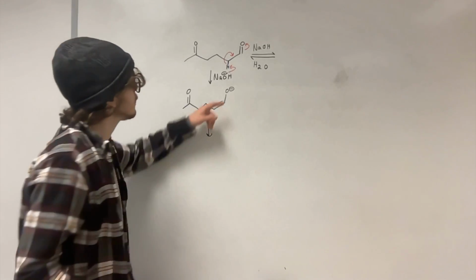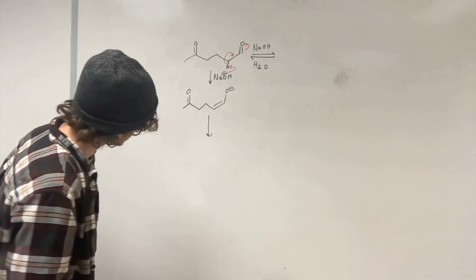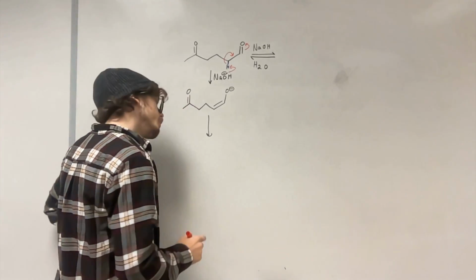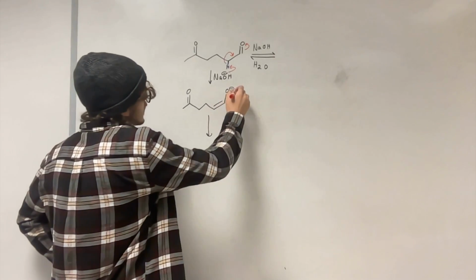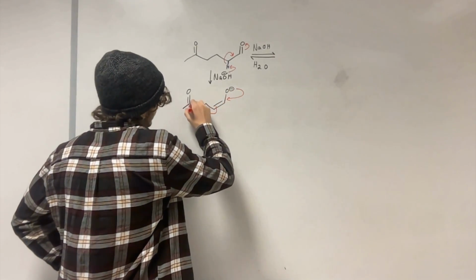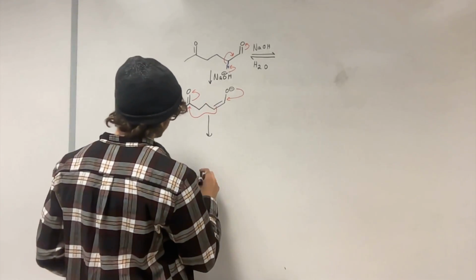Okay, so notice here, we made an enolate, and then we have a ketone. So what happens here is it's like, oh, I don't really want to have a negative charge. I'll give it to my dear neighbor here. And he's going to attack the carbonyl intramolecularly.